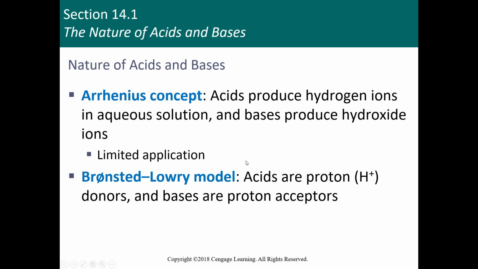Another definition for acids and bases is the Bronsted-Lowry model, which describes acids as proton donors. Remember, protons are H pluses. It's another way of describing a proton, a positively charged hydrogen. And bases will then be proton acceptors.